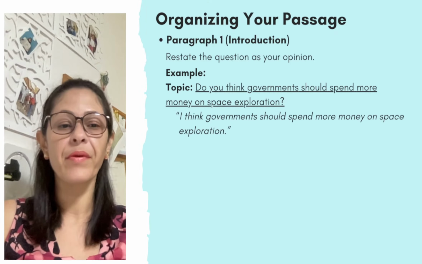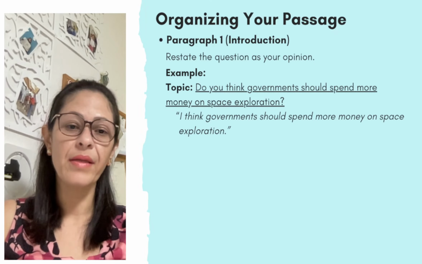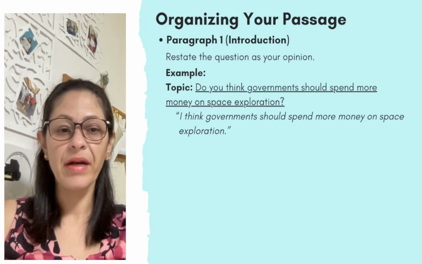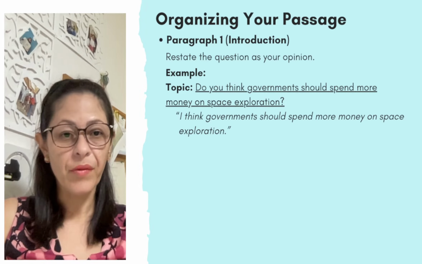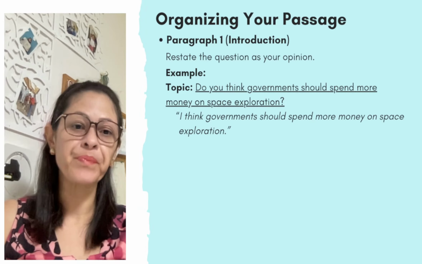Just like my example, I think governments should spend more money on space exploration. This is our first paragraph, okay? I'm just going to restate the question as my own opinion, okay?